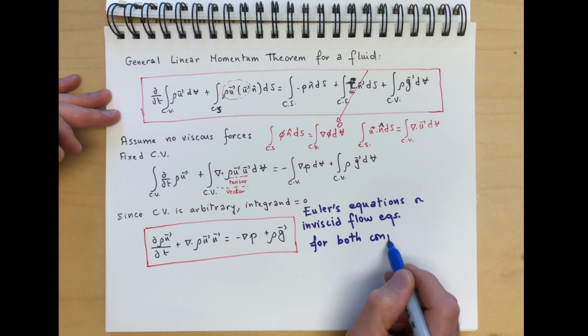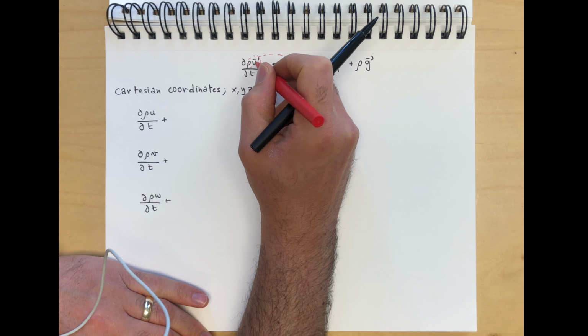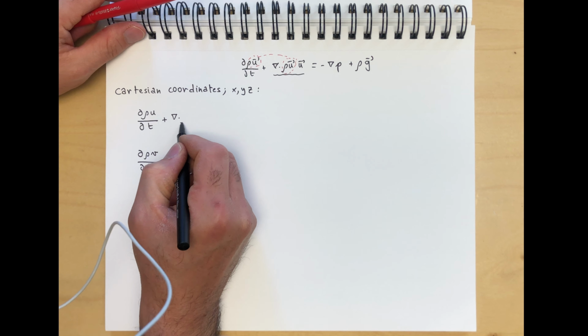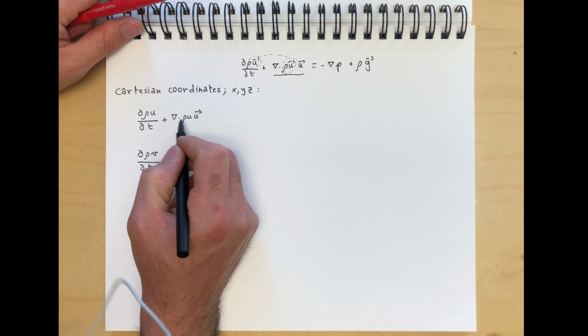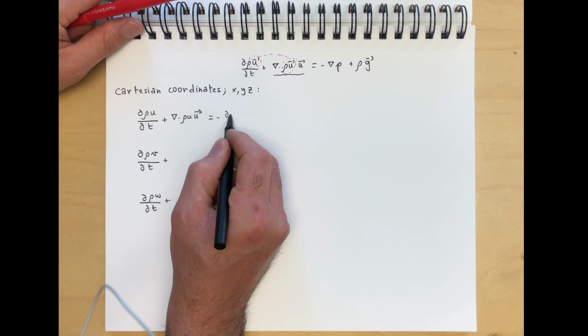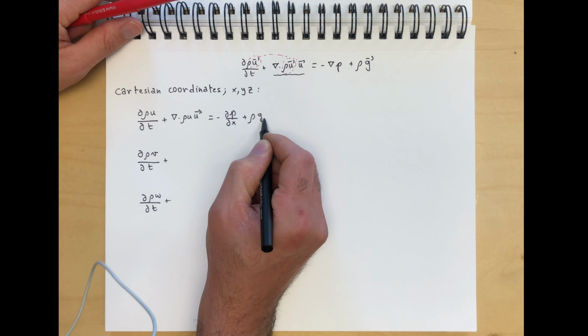If you choose the x component here, you're going to have to choose the x component there. And so this term would be div rho u vector u, which makes it the divergence of a vector, equal to minus dp by dx, that's the x component, plus rho gx.